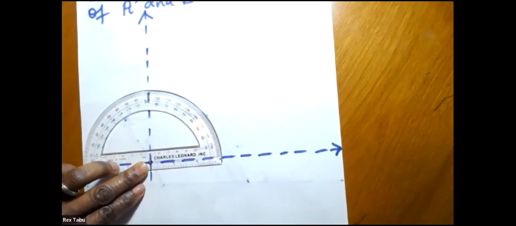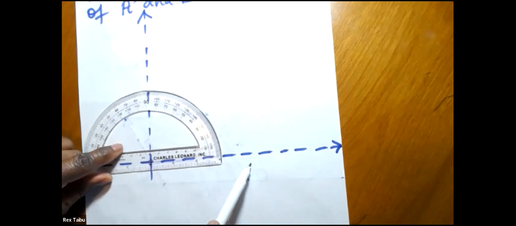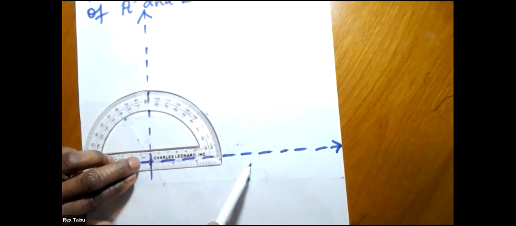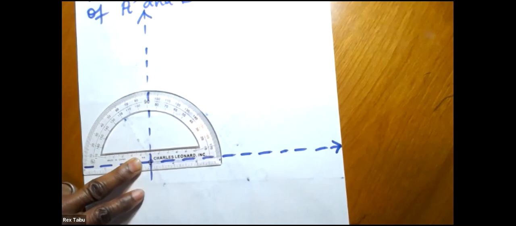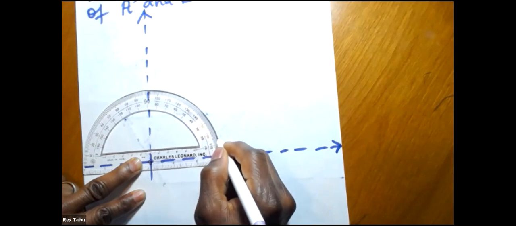So it's very important to line up the center and the 0 degree line with the x-axis before you start counting. Then you start counting 10, 20, it's 15. So 15 is somewhere there between 10 and 20.